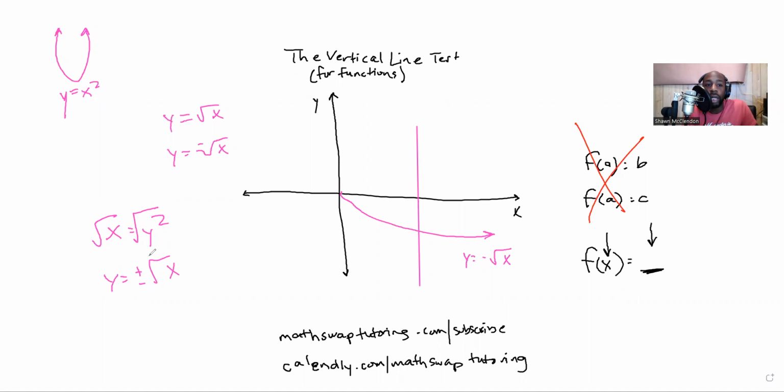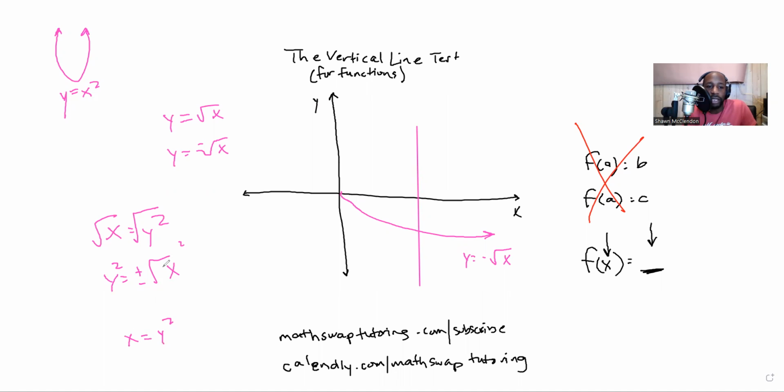And remember, it's plus or minus because when you take the square root, y could end up being positive or negative, because whenever you square it, it's going to be positive. If you square both sides of this, then it's still going to be x equals y squared, regardless of whether this piece is positive or negative.